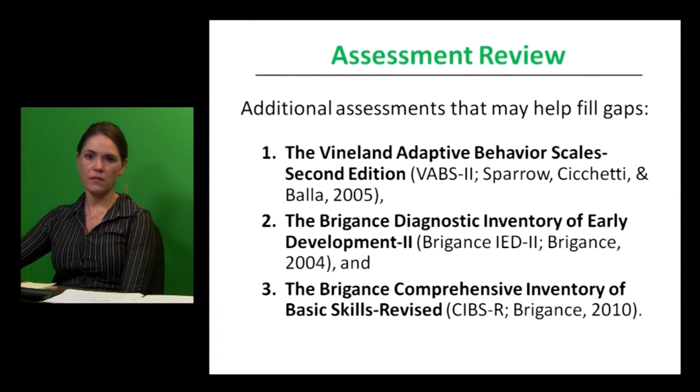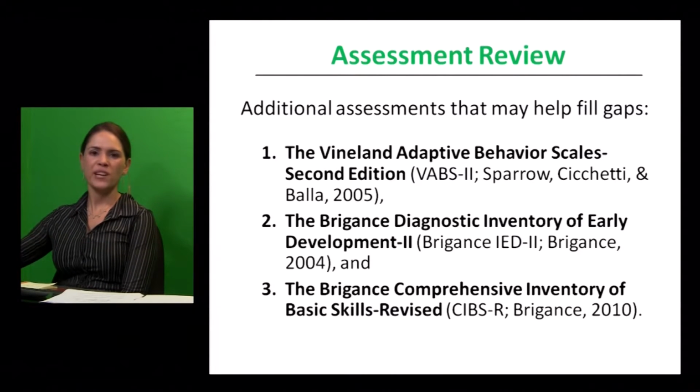So these are some of the additional assessments that were concluded to possibly be helpful in addition to the VB-MAPP in order to get as much of that comprehensive scope as you possibly can. However, I should probably point out that no assessments on here really assess the cognition area or the executive functions area that I discussed earlier.